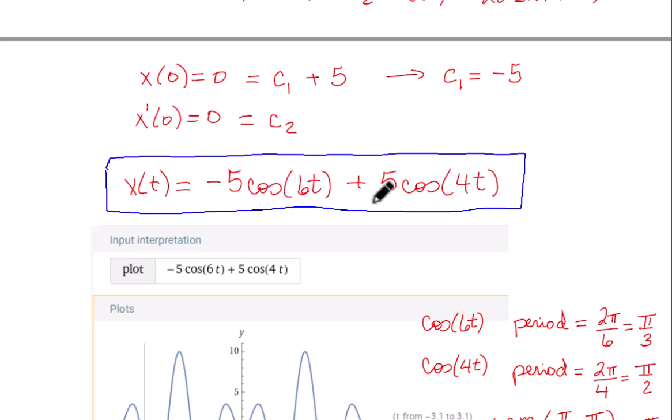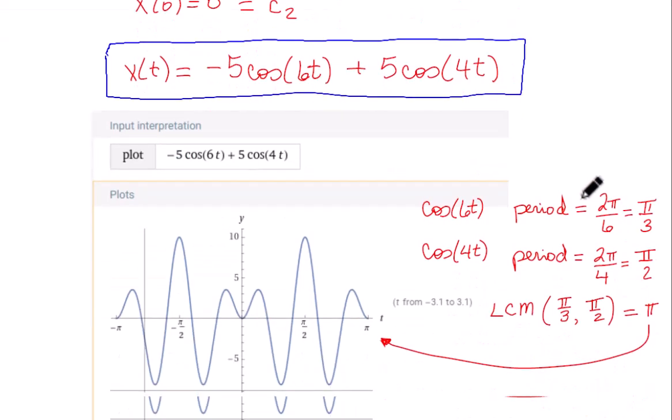So I've got a sum of two different period cosines. If I graph this and take a look at it, the cosine of 6t has a period of 2 pi over 6, reducible to pi over 3. And the cosine of 4t has a period of pi over 2. But when you graph them as this combination, the period now is pi.